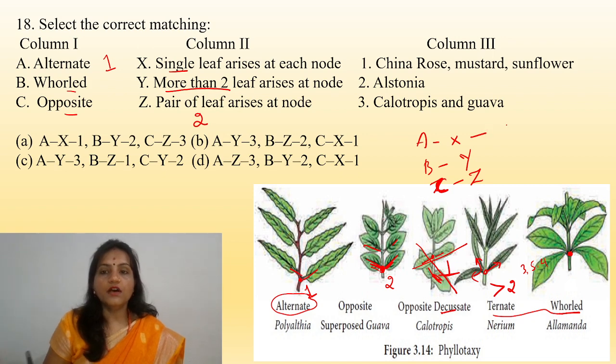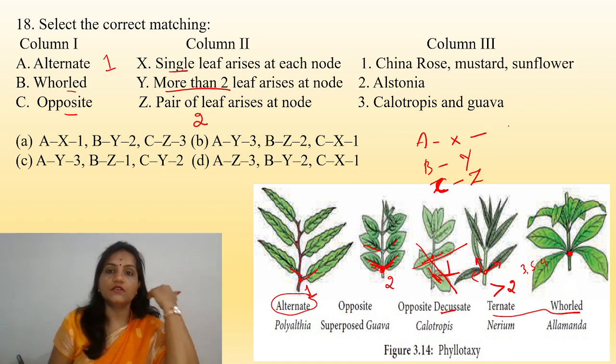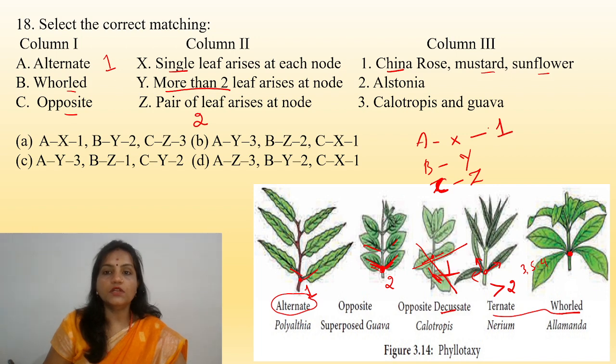Now they have asked for examples here. Of course, you find this kind of arrangement in China rose, mustard and sunflower. These are examples for alternate arrangement. So option 1 is correct for this. And whorled arrangement you see in case of Alstonia, the silk plant. So 2 is correct. And then opposite, in case of Calotropis as well as guava.